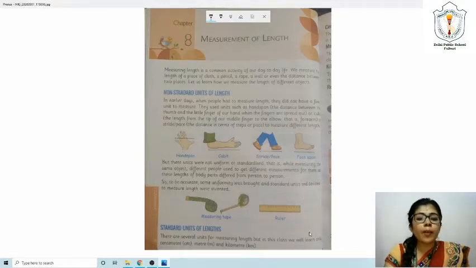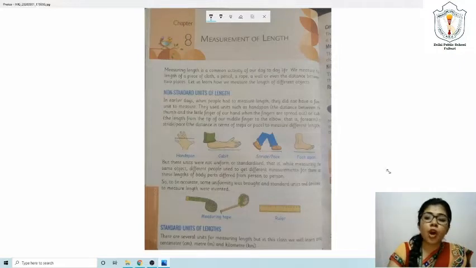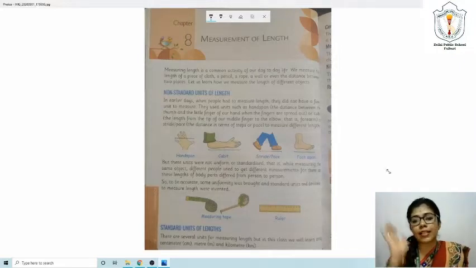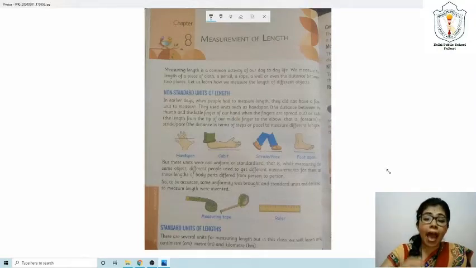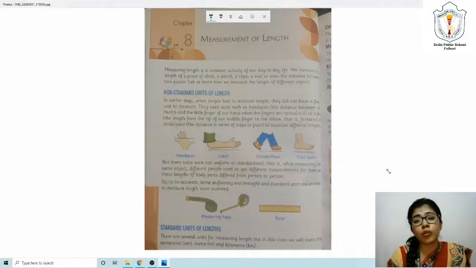Now, these units are not uniform. You see, children, the size differs for everyone. The length of the cubit that I have is not equal to the cubit that you have. Also, the foot span that I take will not match the foot span that you have.